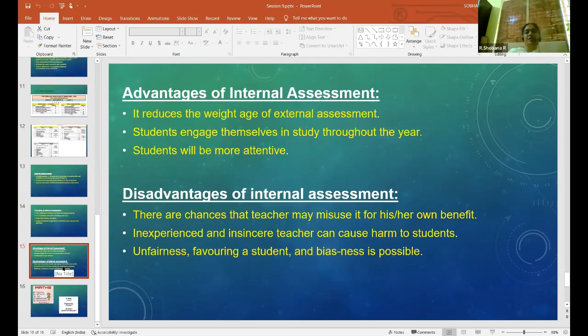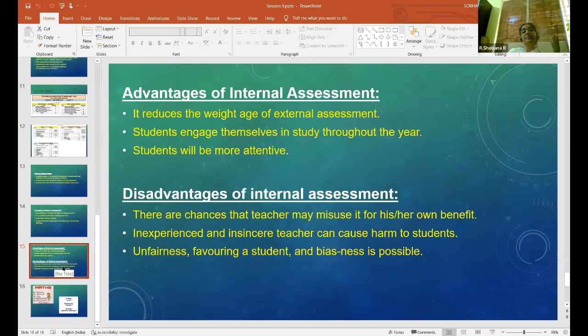A disadvantage of internal assessment is, of course, if the teacher is biased and uses it for their own benefit. We tend to judge children sometimes when the children back answer us, or if the child is not good in regularity or discipline.